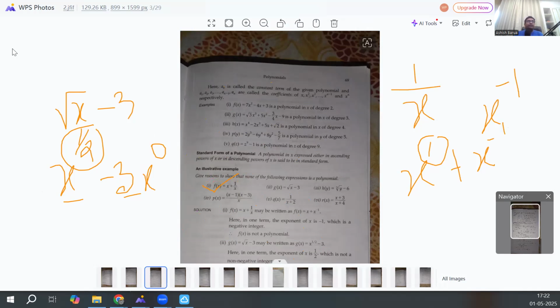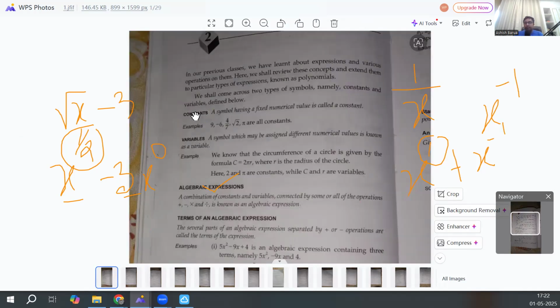So what are the different things we studied here? First of all, the constant term, which remains the same. Then the variable term, which varies. Just like the formula circumference is equal to 2 pi r, C is equal to 2 pi r. Depending on the value of r, the value of C changes.